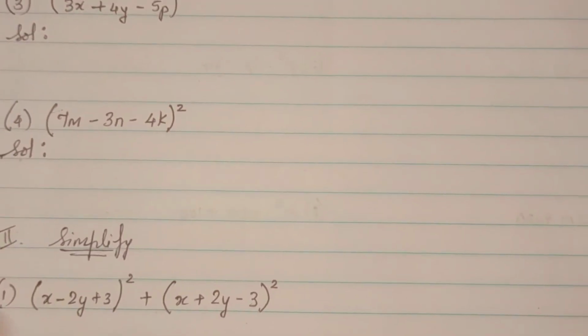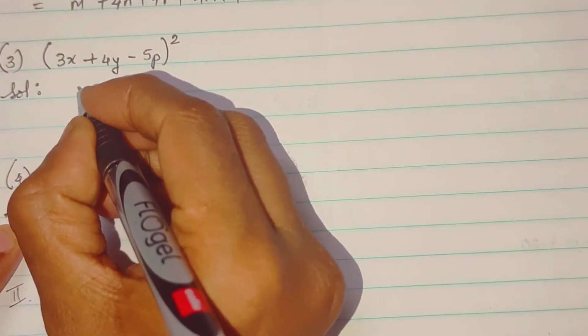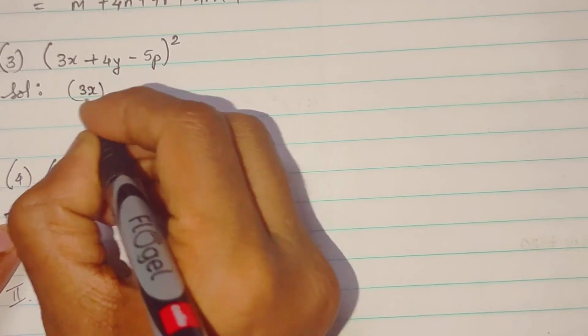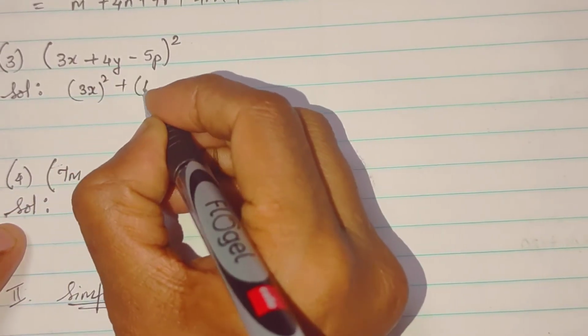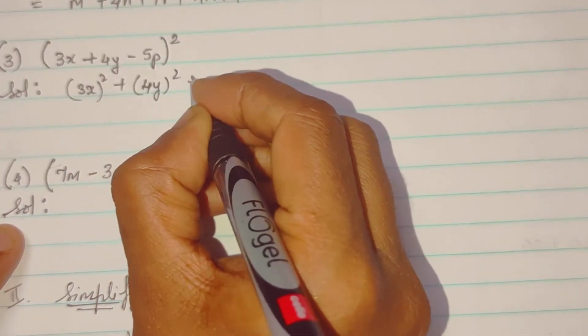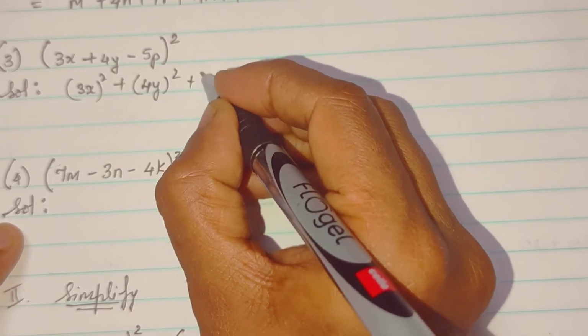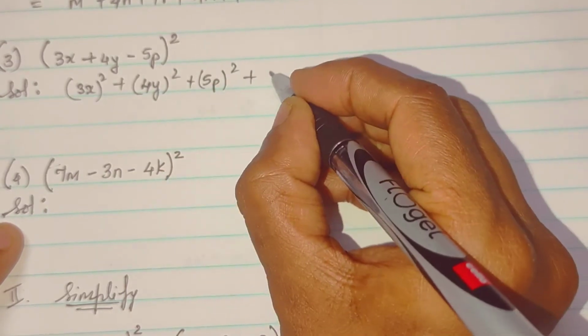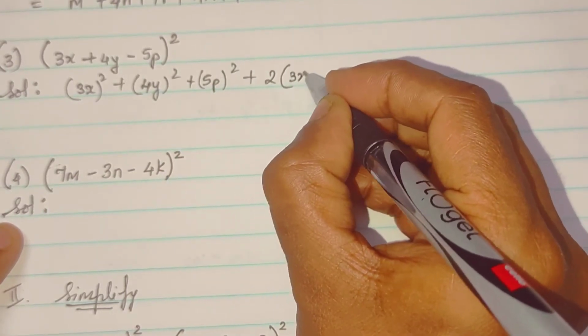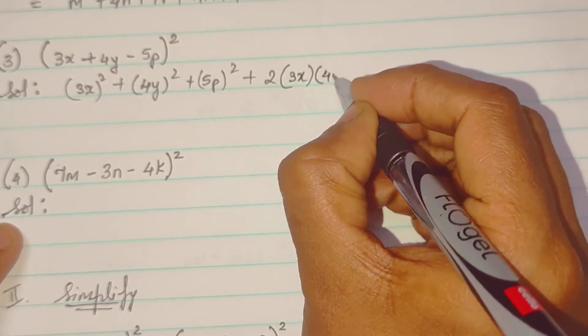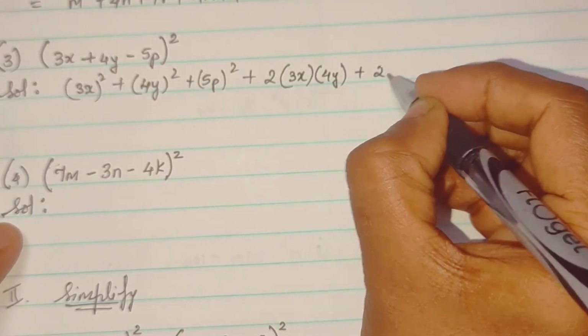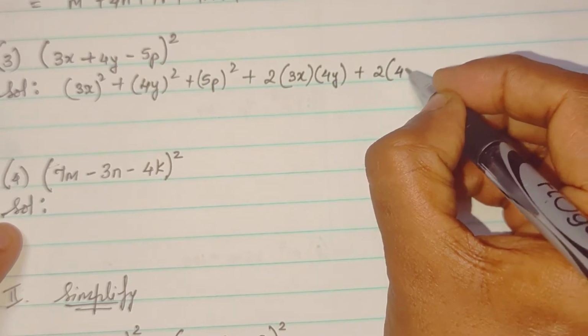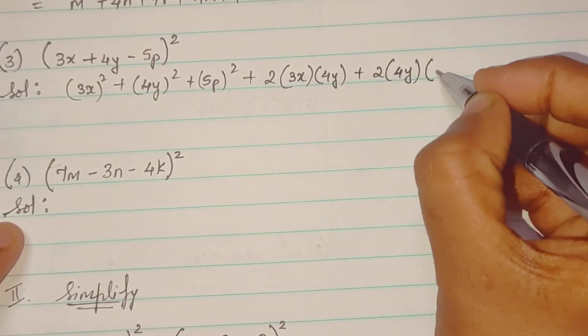Now, let us do the third sum. So a square plus b square plus c square plus 2 into ab plus 2 into bc.